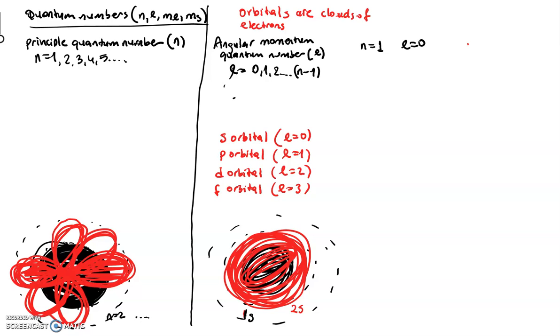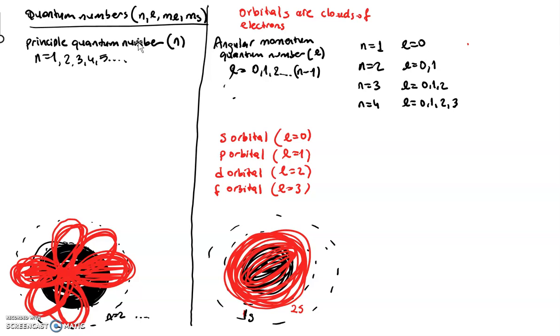So we have only s orbital on the first shell, right? If you have n equals 2, L can be 0, 1, up to n minus 1. So n is 2, n minus 1 is going to be 1. So L equals 0 and 1. For n equals 3, L equals 0, 1, and 2. For n equals 4, L is 0, 1, 2, and 3.